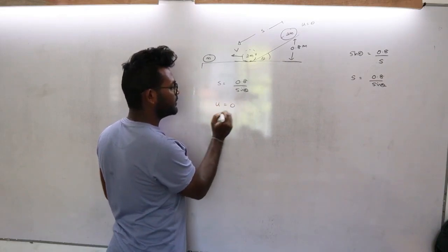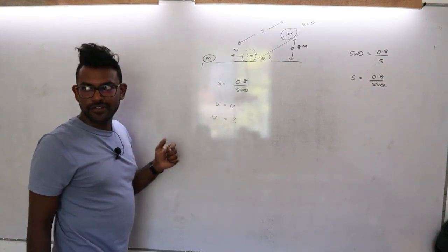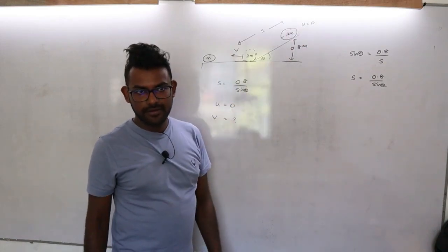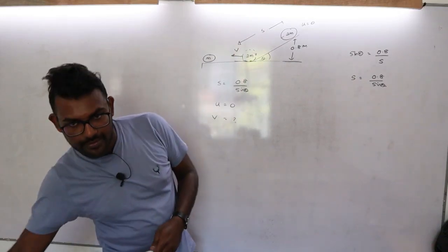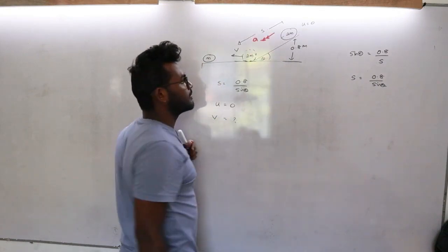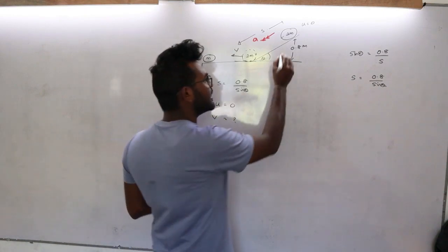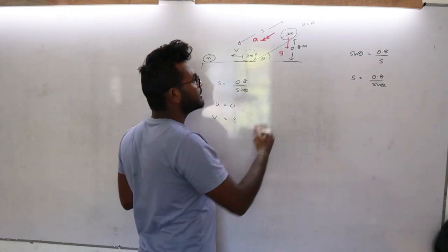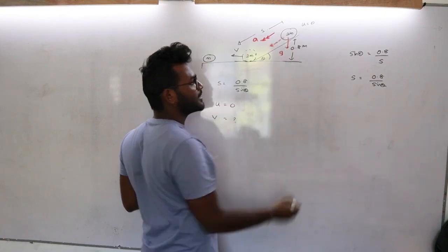Initial velocity is 0, final velocity is something we should find out. And what is the acceleration of this one through this inclined plane? We know that there has to be an acceleration downwards, that is the g. So what's supposed to be the acceleration along this plane?